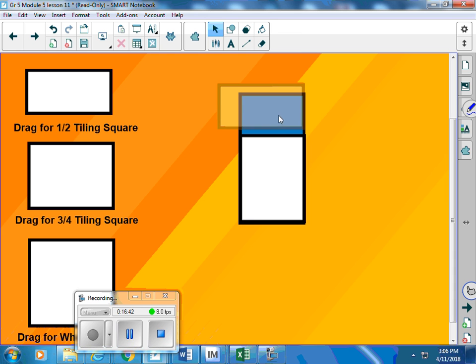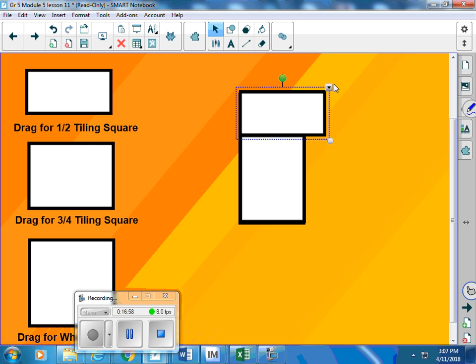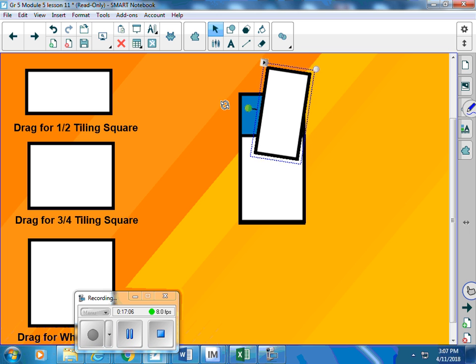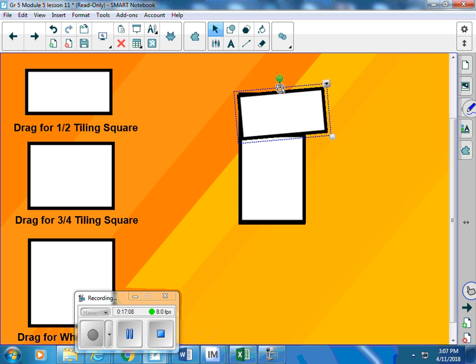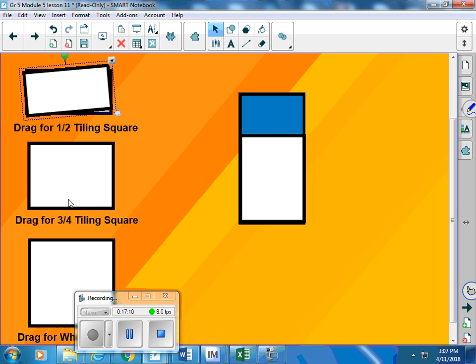And then just by looking, one of the things that I am noticing is that these rectangles don't exactly match up. So maybe it's not half.